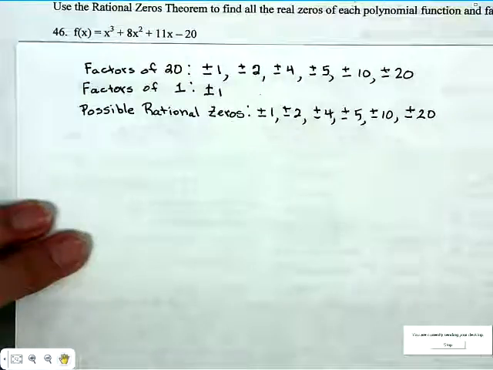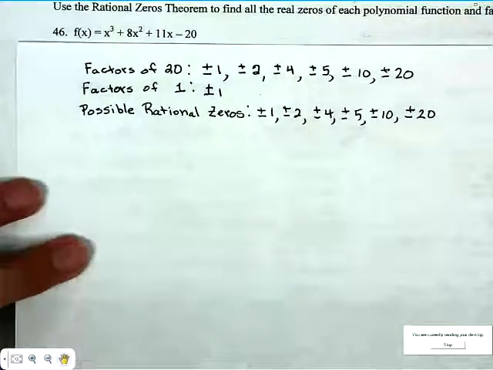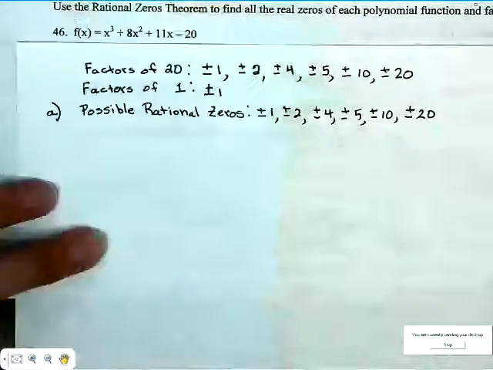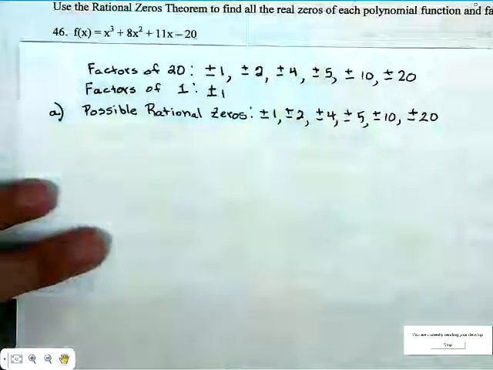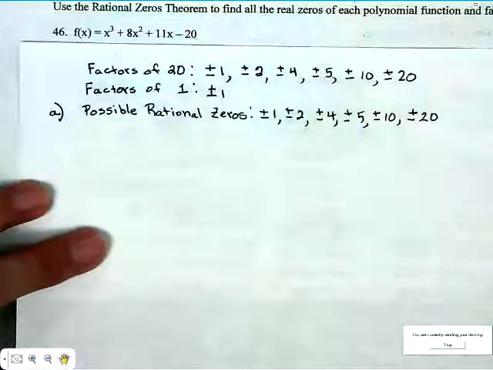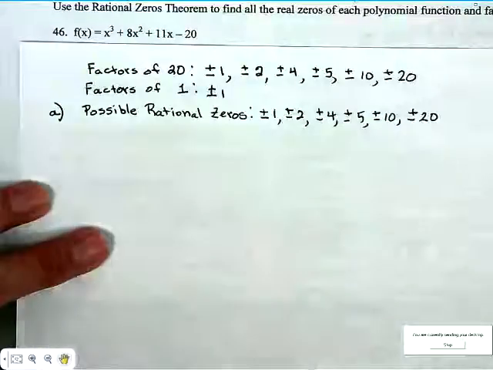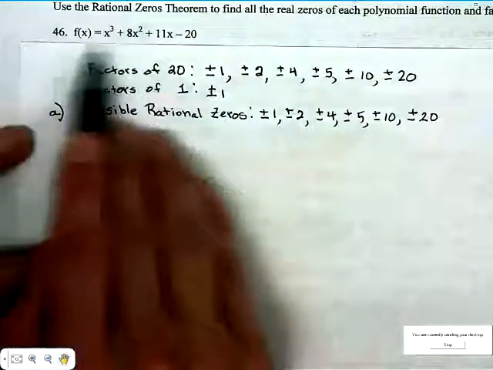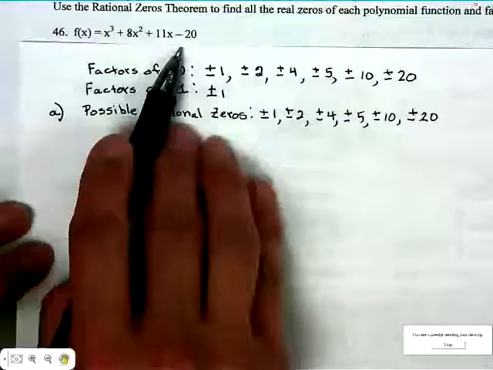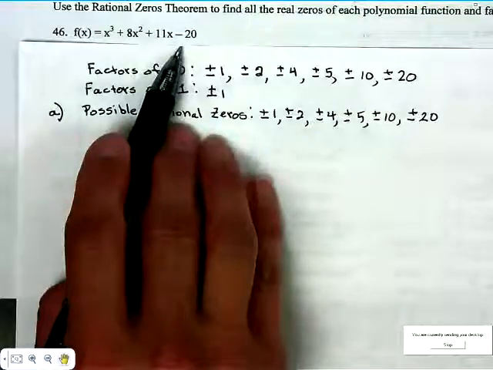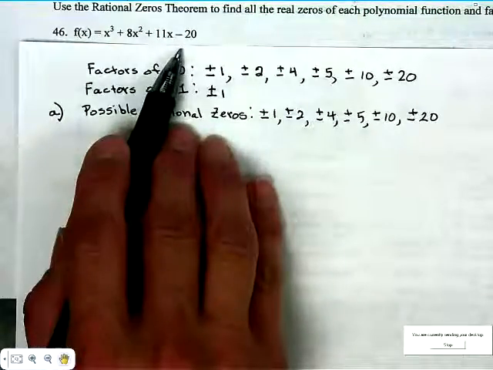On a problem just like this on the test, it has an A, B, and a C part. The A part says list the possible rational zeros. That would be the answer, those 12 numbers. Now, if you had just given me this problem and said find the zeros, the universe is full of numbers that could be zeros of that function.